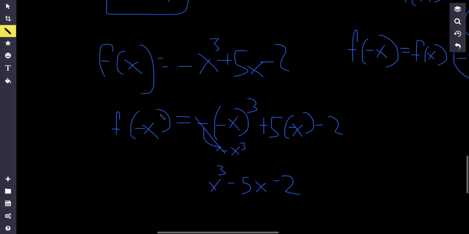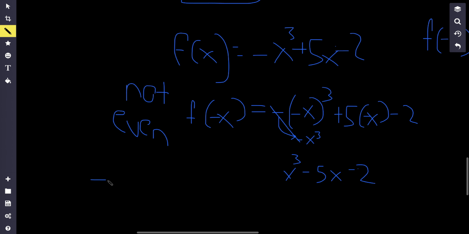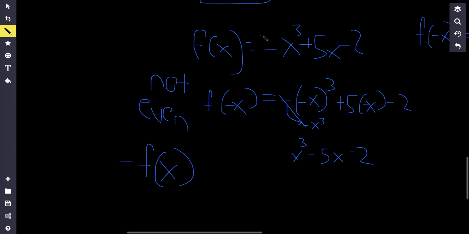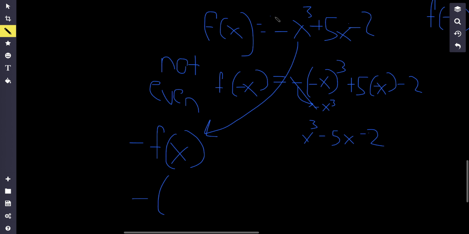And what you notice is that, well, f of negative x is not equal to f of x. Therefore, this function is not even. So that's the first thing we can conclude. Now let's see if this thing is equal to negative of f of x. Let's see if this is odd. So we know f of x is equal to all of this business. So let's substitute that in. We get negative of x to the third power plus 5x minus 2.